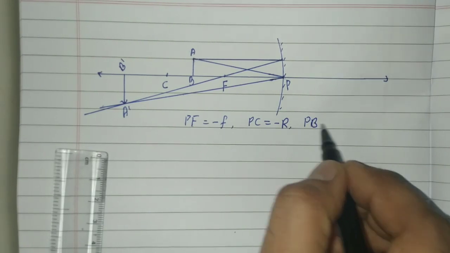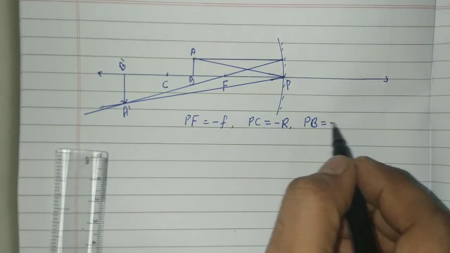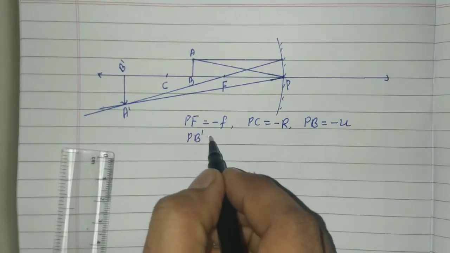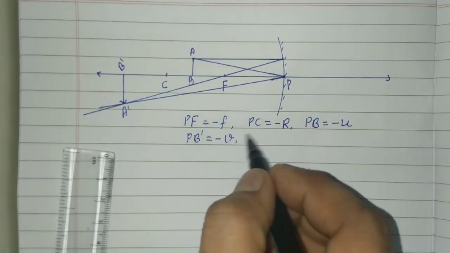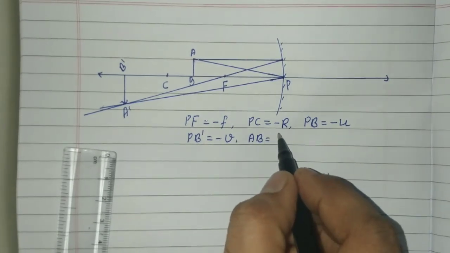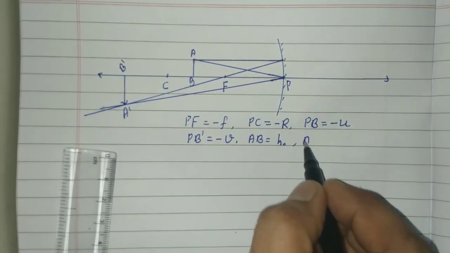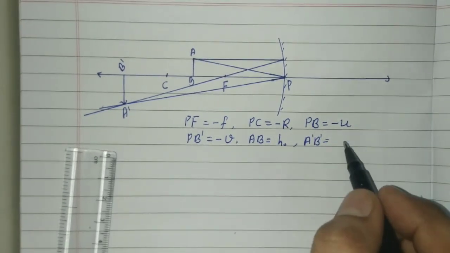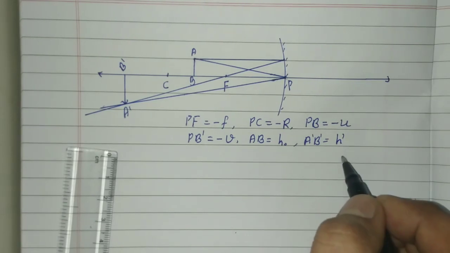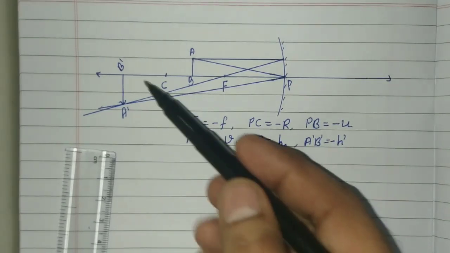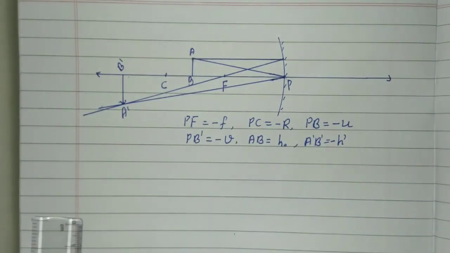PB is the object distance which is equal to minus u. PB dash is the image distance which is equal to minus v. AB is the size of the object which is equal to h0, and A dash B dash is the size of the image which is equal to h dash, or minus h dash according to sign convention, as it is in the downward direction.